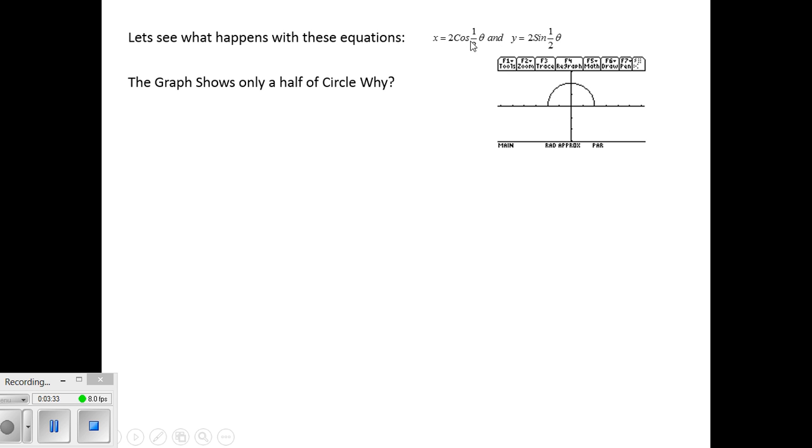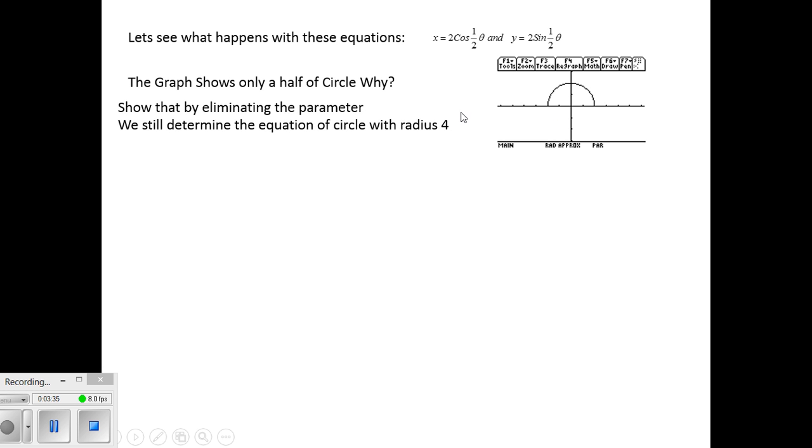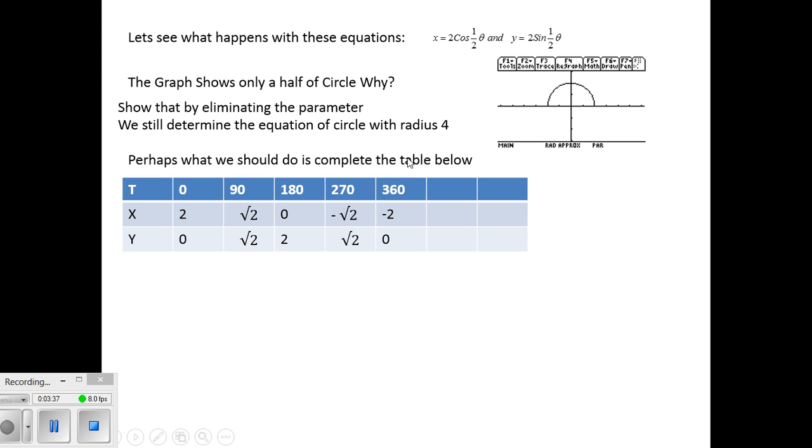Well, it's really not because of the half angle, although in a sense it is, because look what happens if we put in points. When you put in 90 degrees or pi over 2, it's actually taking half of it and making it pi over 4, so you're getting that pi over 4 value graphed right there. So by the time it comes around to 2 pi, it's actually evaluating at 1 pi.